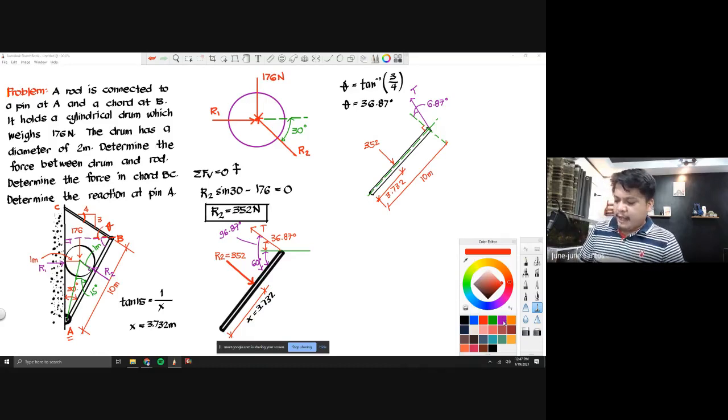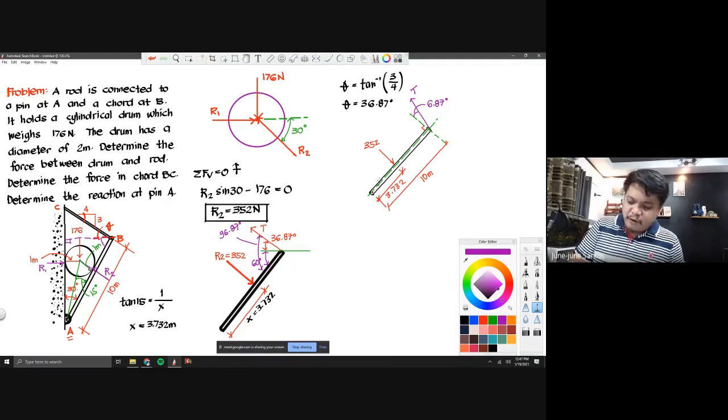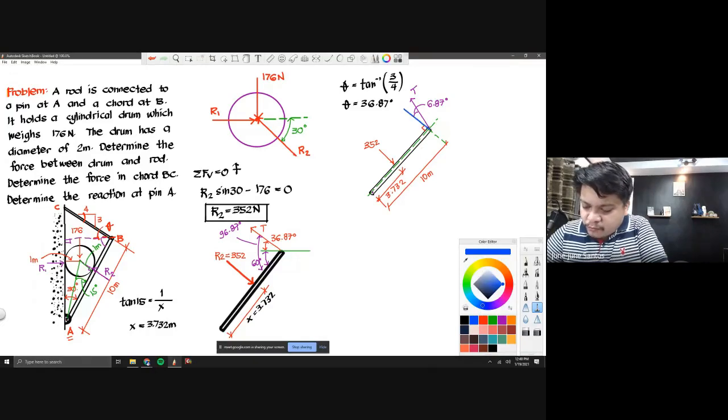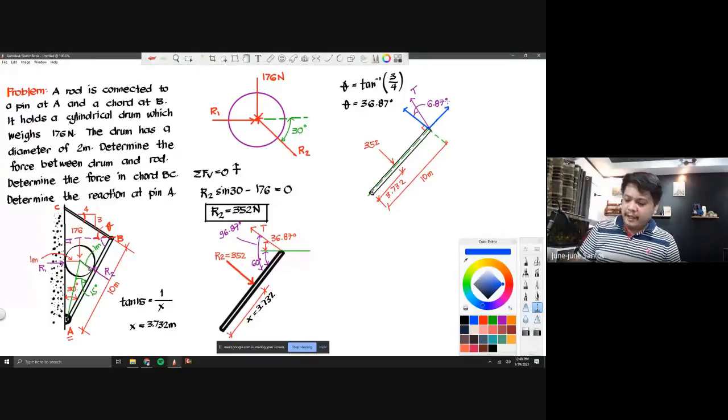Okay. Now, if I would take the moment at A, itong pinaka-force ko na to, pwede ko siyang i-decompose into perpendicular and parallel dito sa plane. Okay?